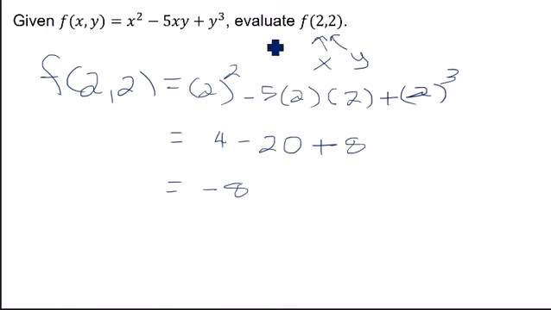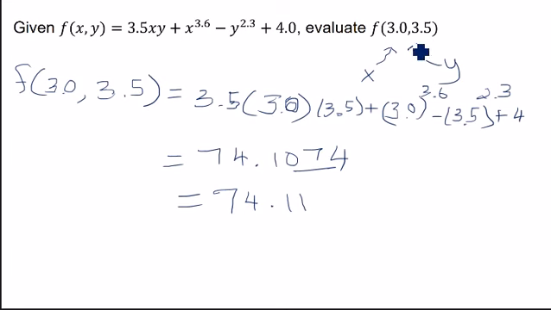In the first example, we have 2, 2, and in the second example, we have the point as 3.0, 3.5. Now you can pause this video, you can replay this and work on these problems and see if you get the same answers. All right, I will see you in the next video. Bye for now.